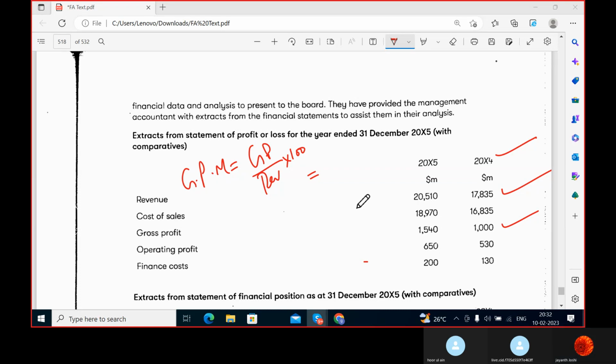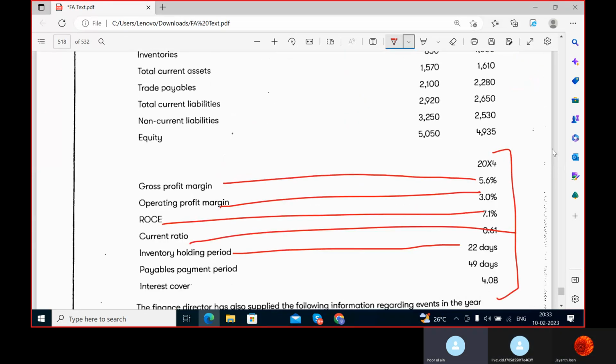Simply take this 1000 and divide by 17,835, and tell me the answer. 5.6%.